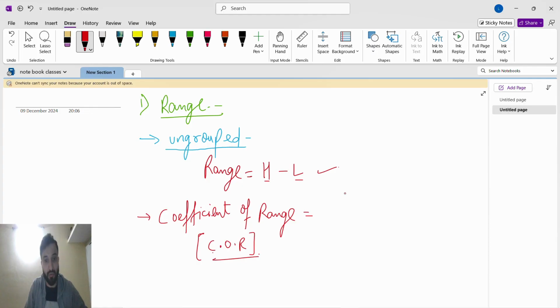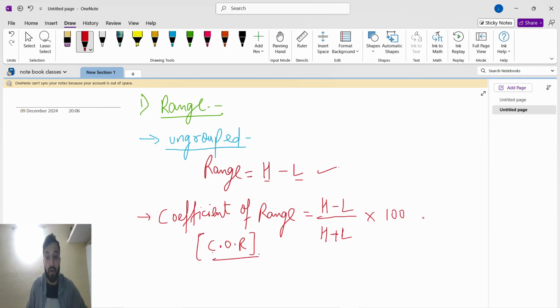For the coefficient of range, the formula is very easy. It is highest observation minus lowest observation, divided by highest observation plus lowest observation, into 100.